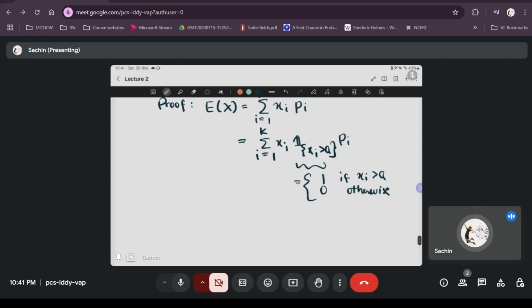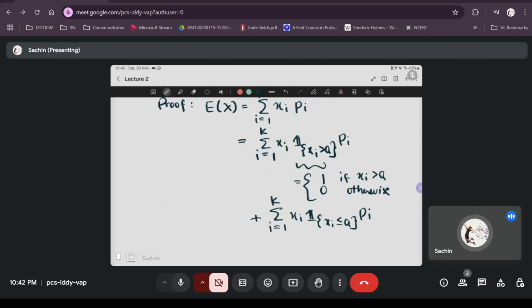So in this summation, you're summing all xi's, but whenever the xi is less than A, this term will go to 0, so that won't be added to that sum. So this entire sum is nothing but the sum of xi pi for all xi greater than A plus the sum of xi pi for all xi less than or equal to A. Then that will give you the sum of xi pi over all xi. Right?